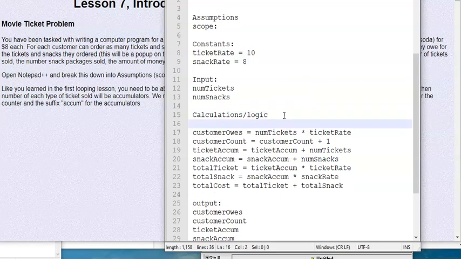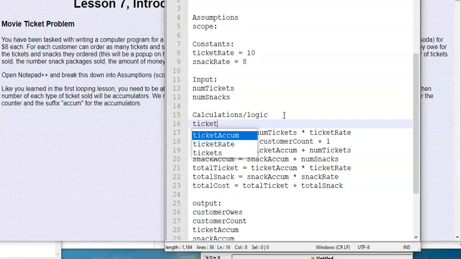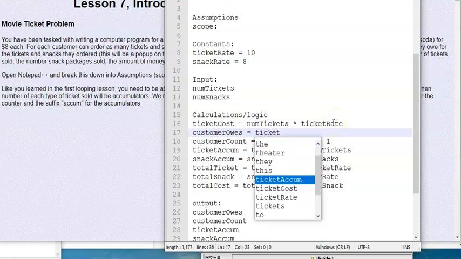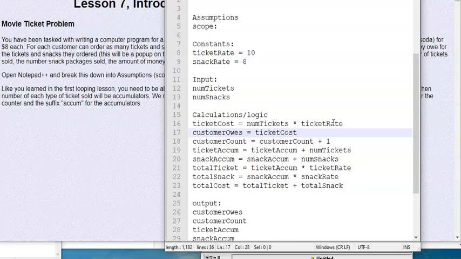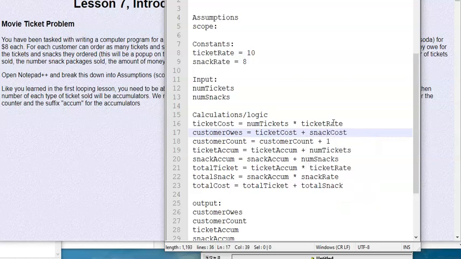And we're going to call that ticket cost equals that. Okay, so knowing that's how we're going to do the math, then I know that ticket cost plus snack cost, which we don't have yet, and that's the next thing we have to do.